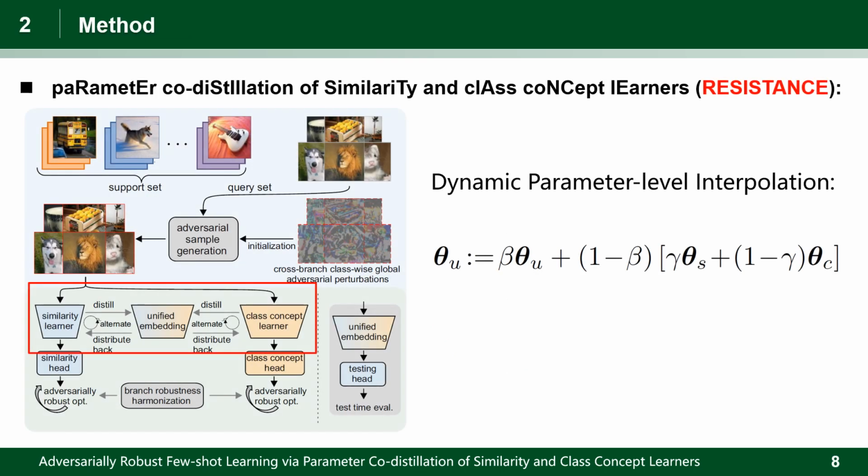To leverage the strengths of both models, we propose a simple and effective method, dynamic parameter level interpolation. By co-distilling parameters from both similarity and concept learners, we update the unified model by the momentum mechanism, focusing on the embedding part to handle label space differences.